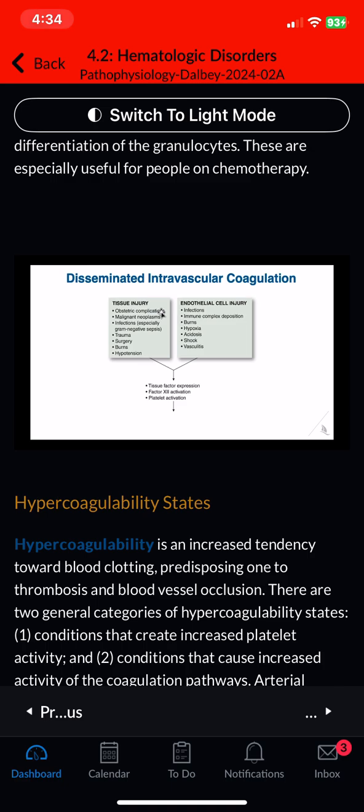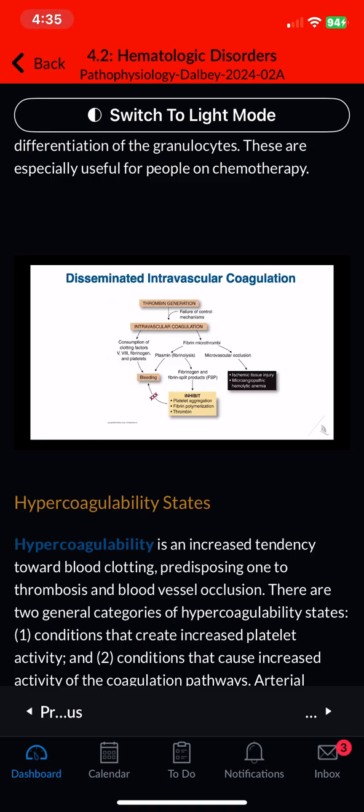Infections can trigger it, immune complex depositing in different tissues, burns, hypoxia, acidosis, shock, vasculitis. They lead to the activation or expression of tissue factor, factor 12 activation, and then ultimately platelet activation. That will lead to thrombin generation.